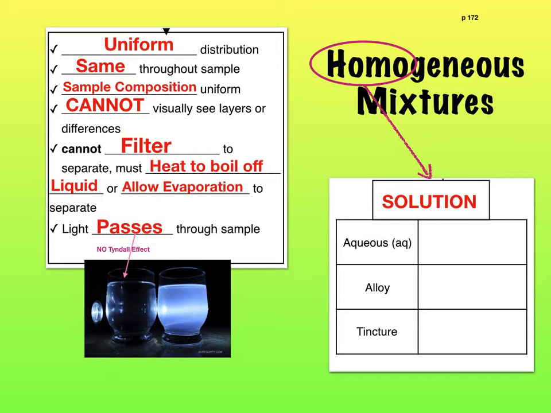If it's an aqueous solution, that means it is a water-based solution. If it's an alloy homogeneous mixture, it's a metal-based solution. Tincture, funny word, but if it's described as a tincture, then this means it's an alcohol-based solution.